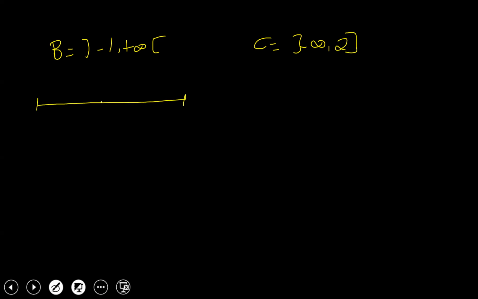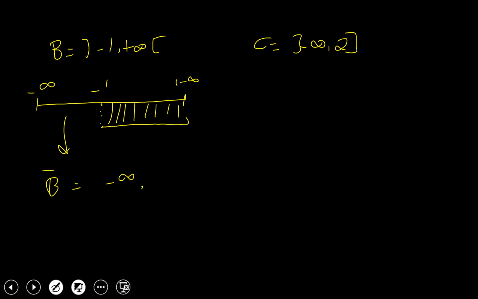In the same way, we can do B bar and C bar. B is -1 plus infinity. C is -infinity 2. So in the number line, this is B. So this is B bar. It's from -infinity until -1. -1 here is open, here it becomes closed.